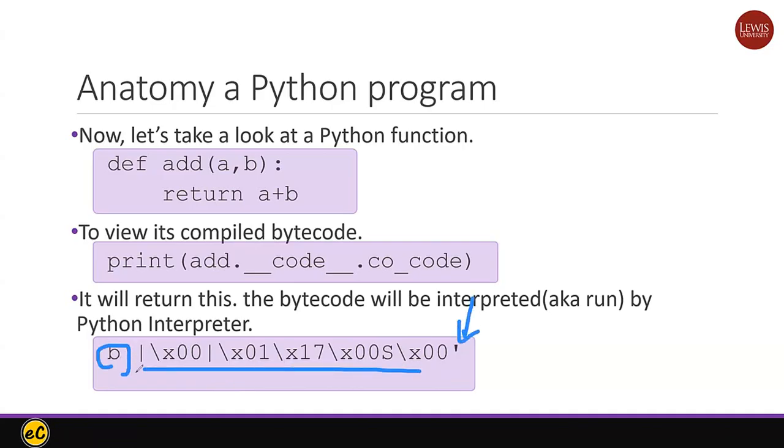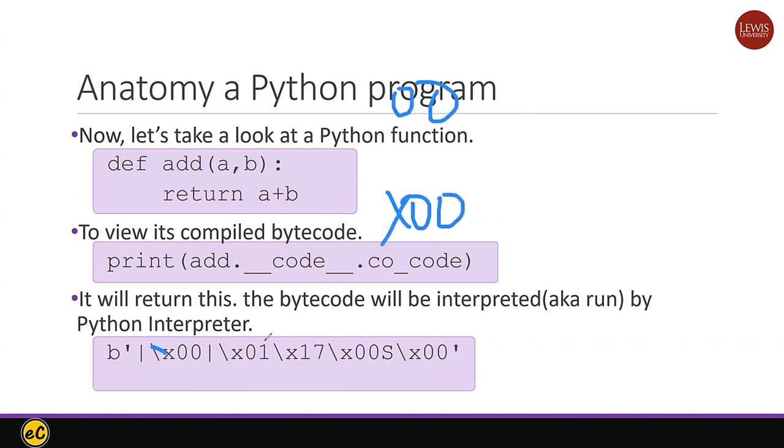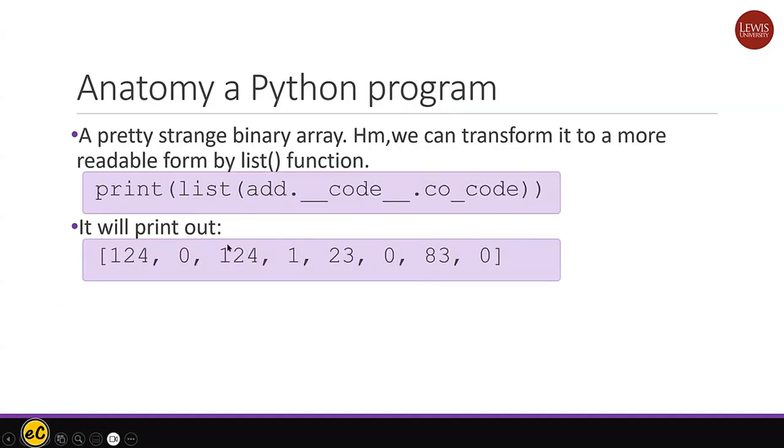This is a binary string. A \x00 is a byte of 0, then a byte of 1, a byte of hexadecimal 17, something like that. So you will print it out as ASCII code, and that is your code.